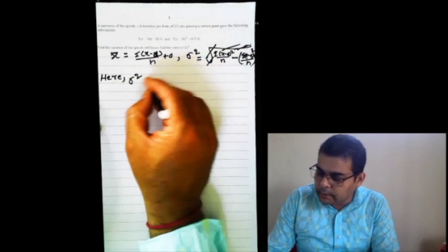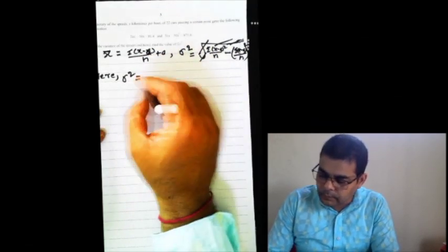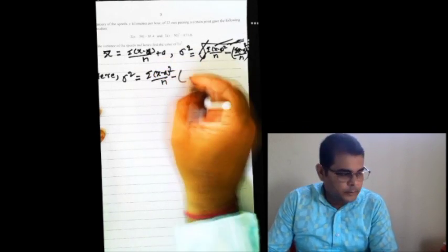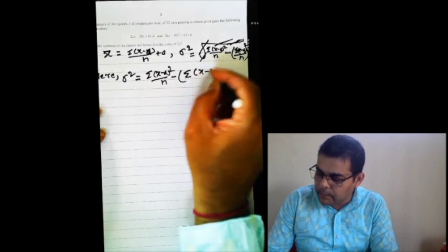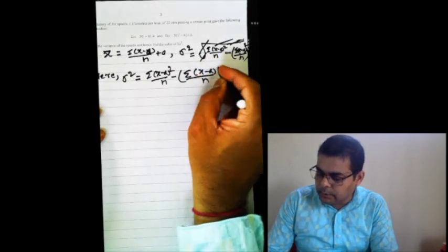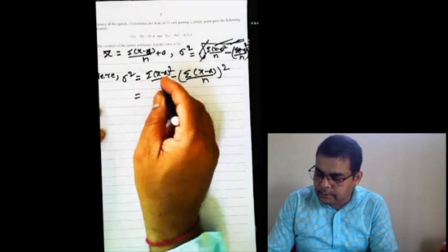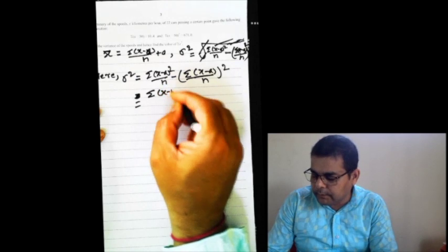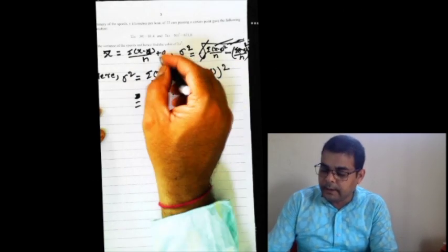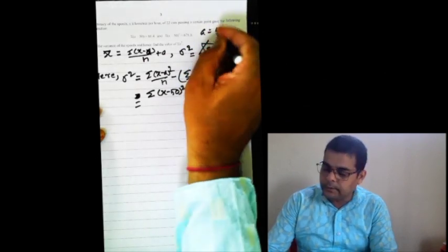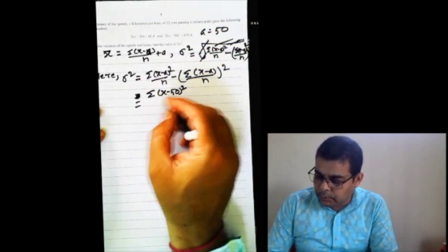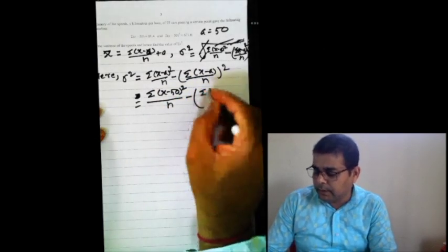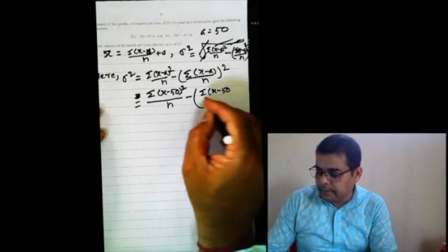So sigma squared by coding method is summation of x minus a squared by n minus summation of x minus a by n whole square. Here a is given as 50, so as the arbitrary value is 50, use 50: summation of x minus 50 squared divided by n, minus, inside the bracket, summation of x minus 50 again divided by n.